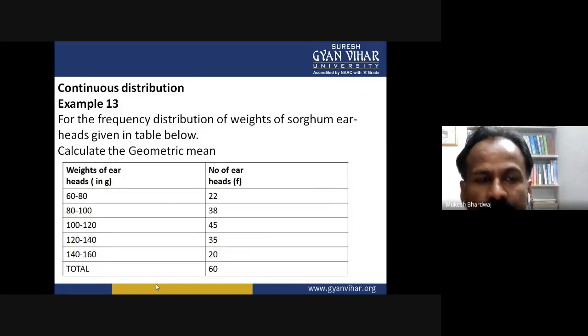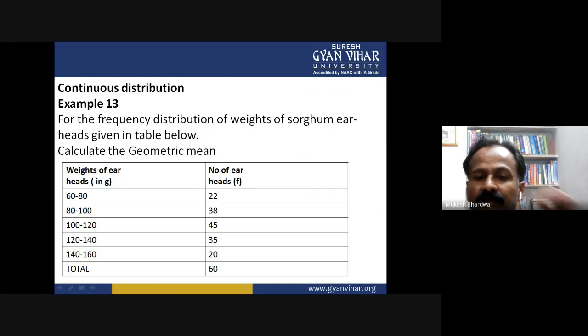Next, the geometric mean for continuous or class distribution type data. The example is given: class range 60 to 80, frequency is 22; 80 to 100, 38; 100 to 120, 45; 120 to 140, 35; and 140 to 160, 20. So the total number of frequencies or observations is 60.